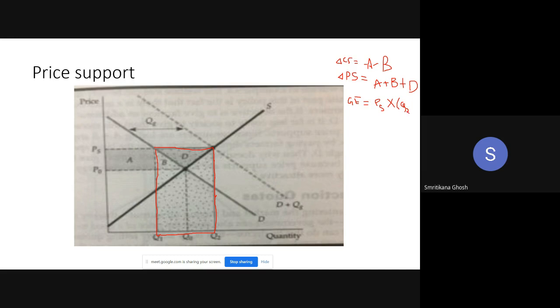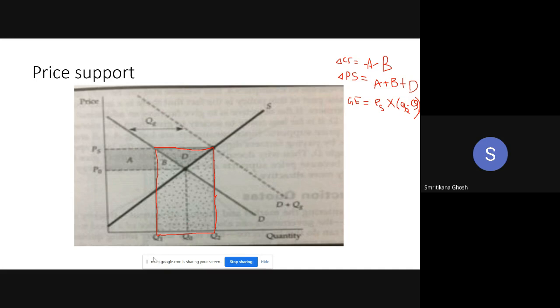This is my Q2. Minus Q1. And the area is already denoted by these red lines. Okay. So this rectangle is the government expenditure.